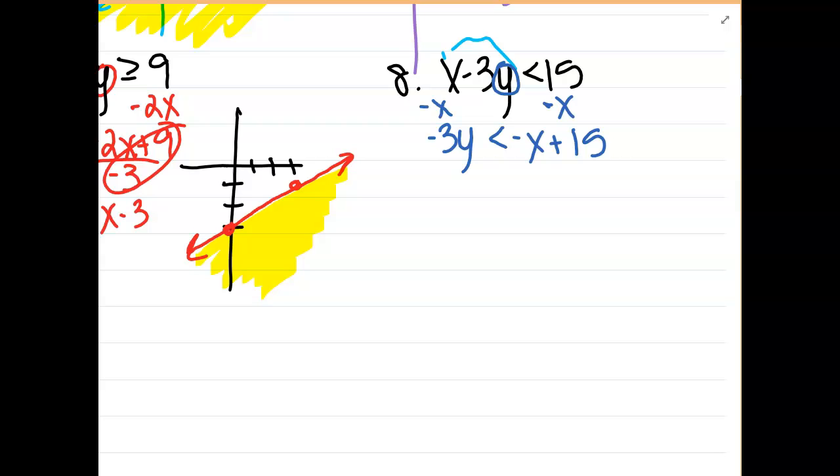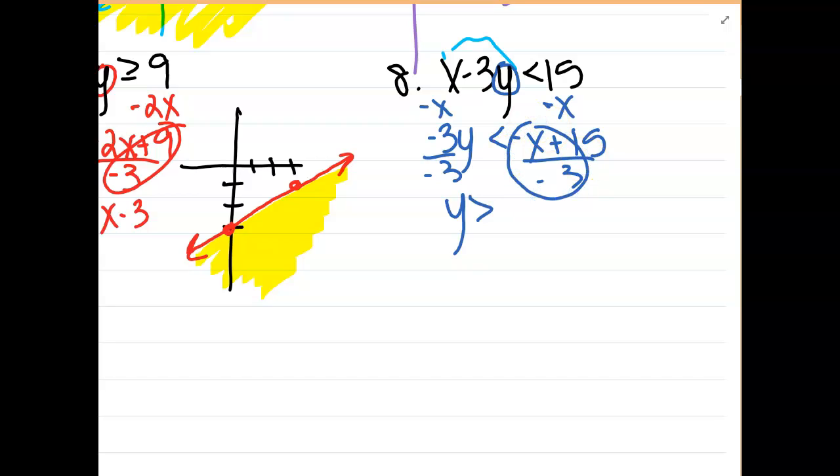And just like the last ones, when I divide by a negative 3, we have to flip the sign. So it's going to be y is greater than. Now, be careful here. We've talked about these ones a lot, but they're still really challenging.